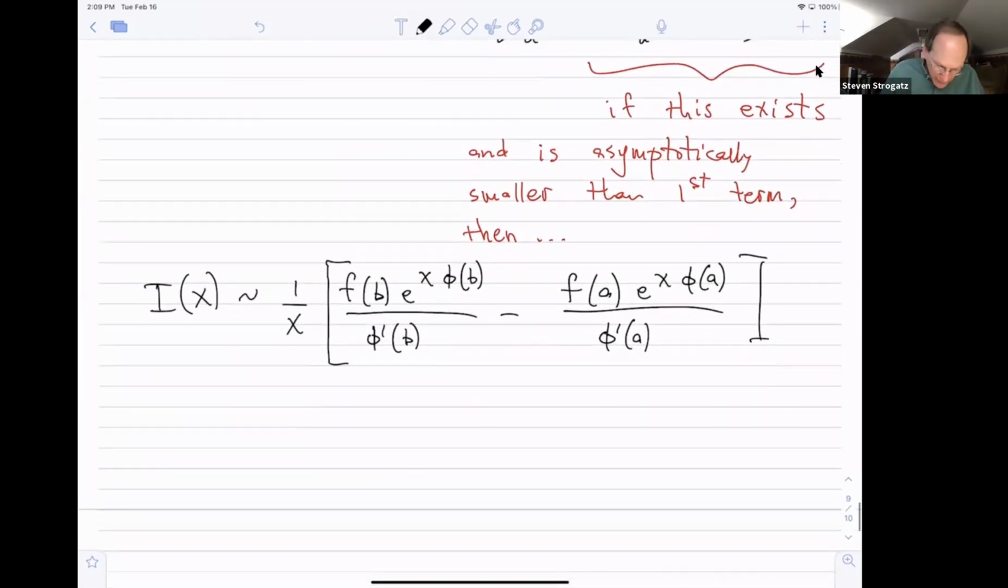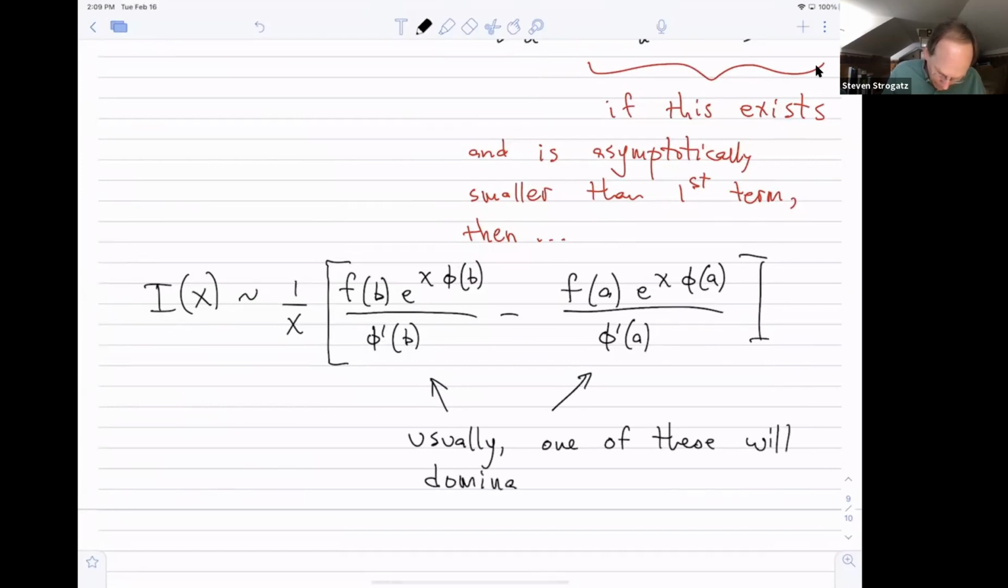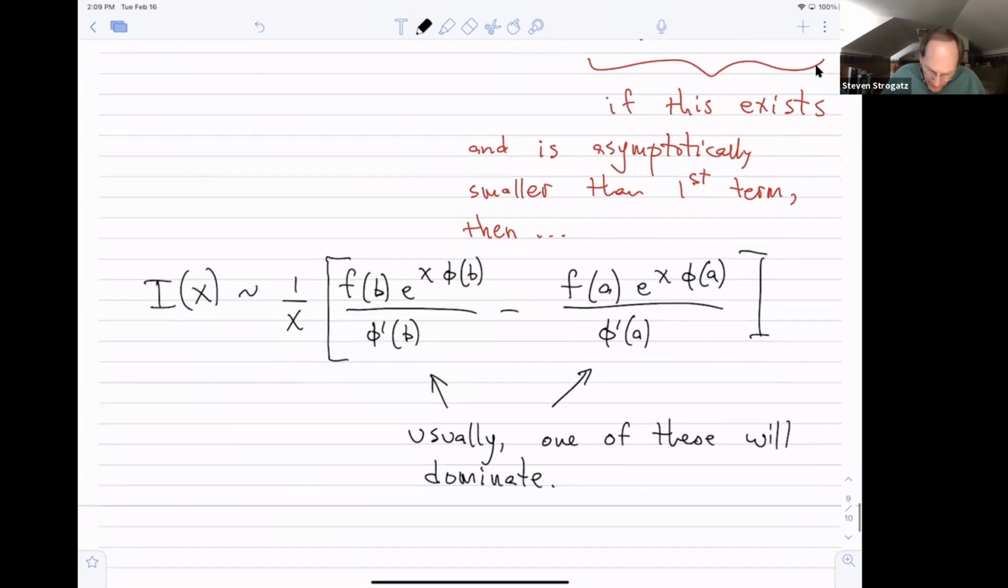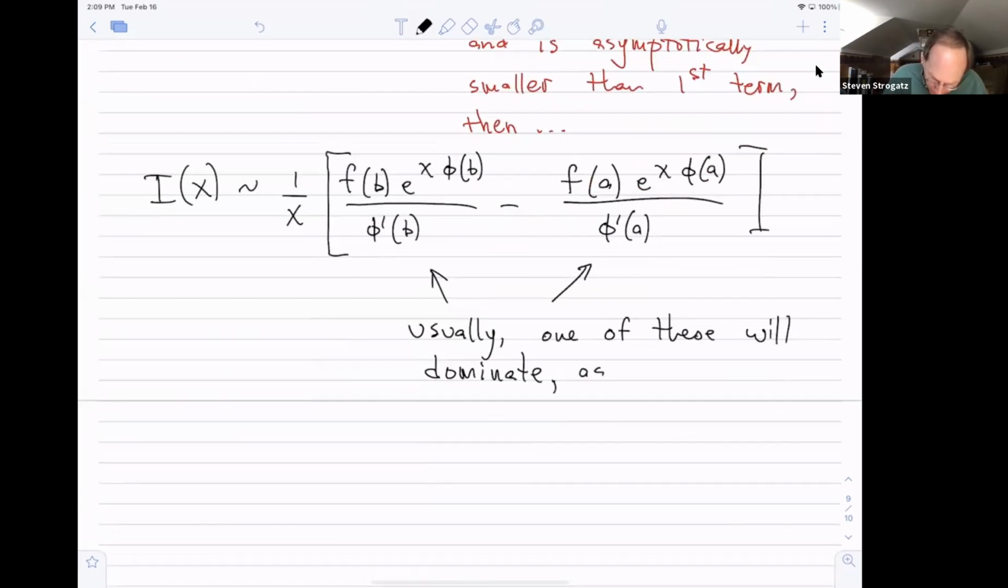So now usually one of these two terms will dominate. You won't typically have both. So you can often get away with just one of those two. It will dominate as x goes to infinity. By the way, we're also assuming here that these are not just zero in disguise.